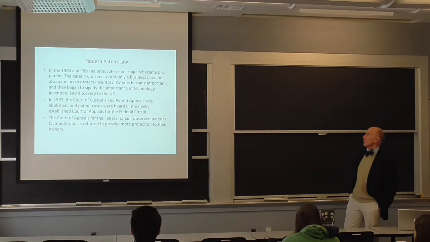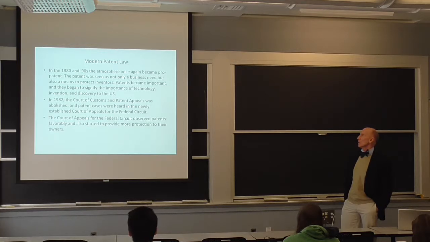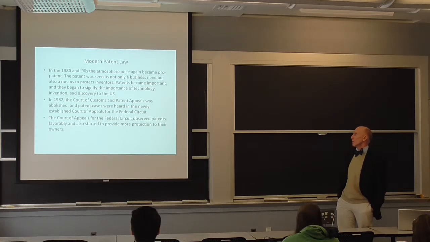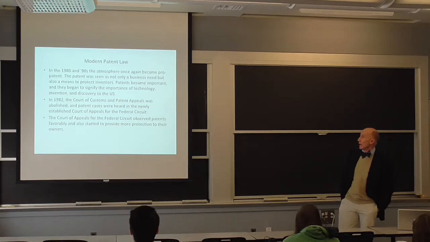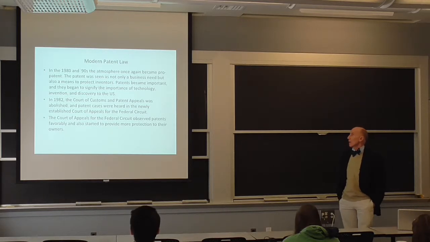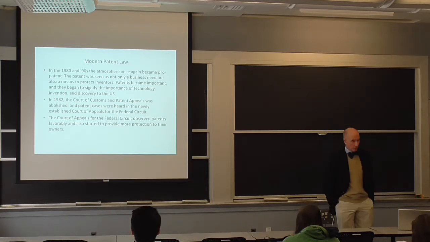So modern patent law in the 1980s and 90s, the atmosphere once again became very pro-patent. The patent was seen as not only a business need, but also as a means to protect investors. Patents became important once again, and they began to signify the importance of technology, invention, and discovery in the United States. In 1982, the Court of Customs and Patent Appeals was abolished, and patent cases were heard in a newly established Court of Appeals for the Federal Circuit.